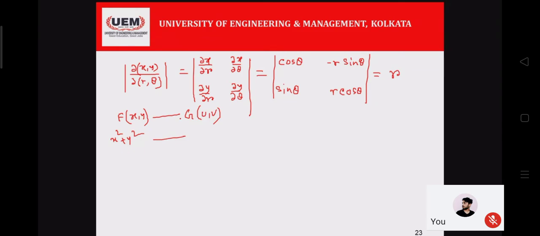You can use the g(r, theta) form because r and theta are your new variables. So g(r, theta) will be r square, isn't it?